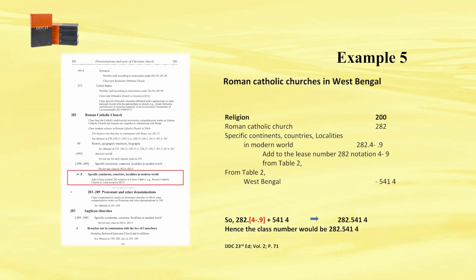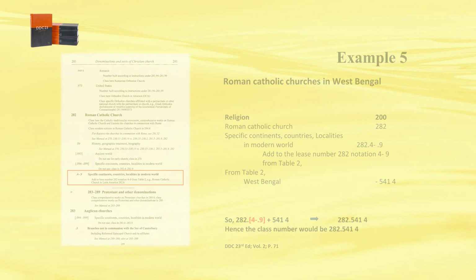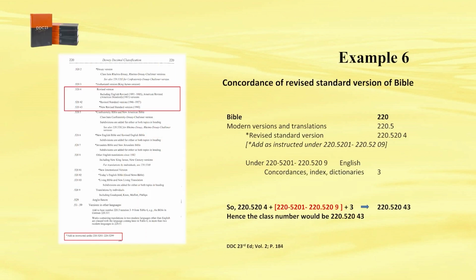So, proceed for the next example. Now, example 6. The title of the document is Concordance of Revised Standard Version of Bible. So, one is the main class is Bible, then comes the concordance, that is a form, and another one is Revised Standard Version. So, hopefully, we will find the number for Revised Standard Version because we know that Bible has different versions.